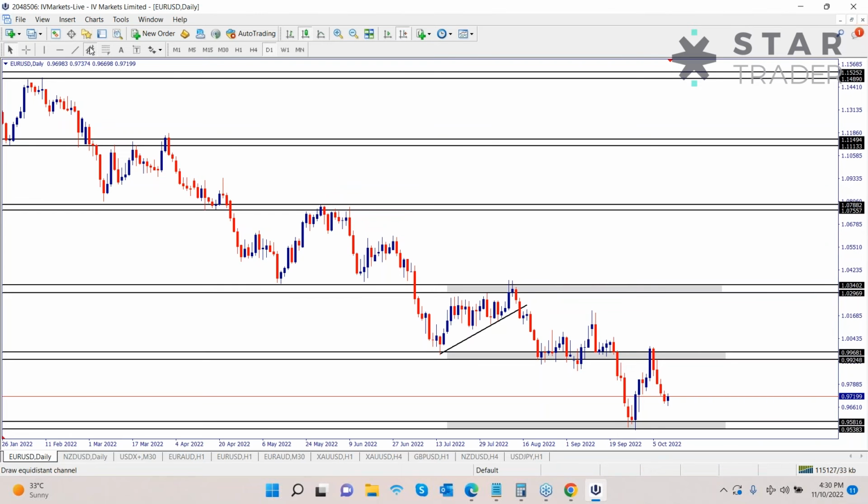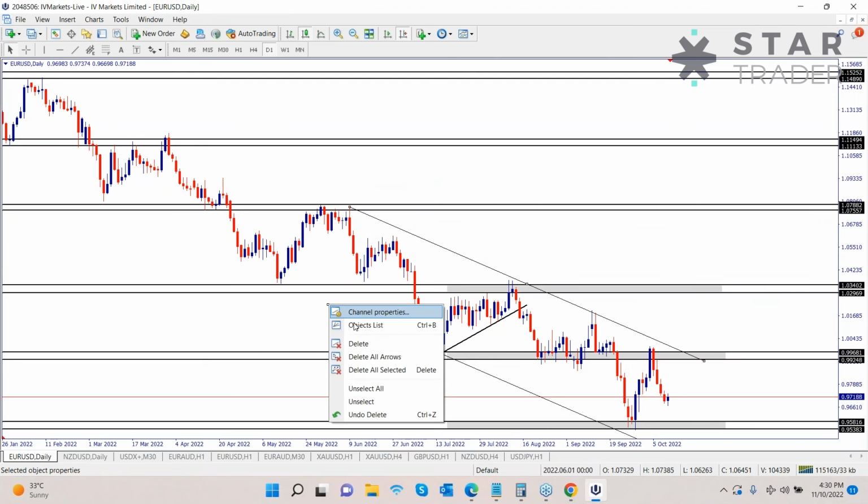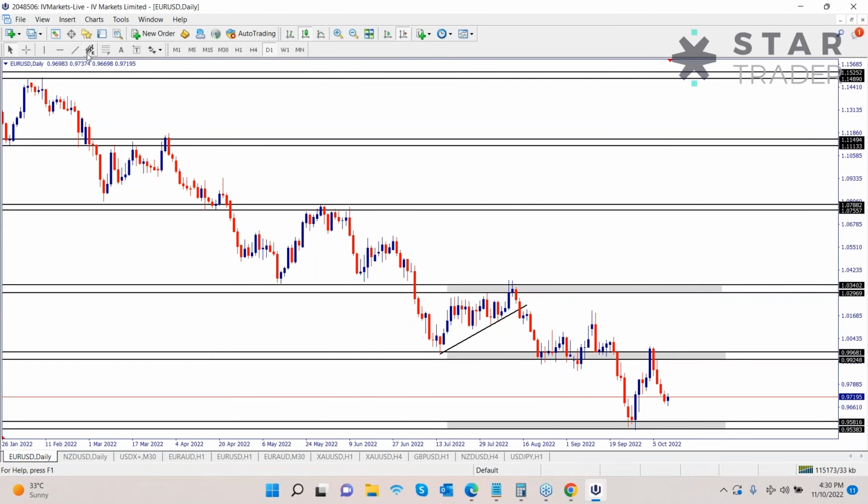You can draw the channel like this as well, and go and see the lower limits of the market. But in this case, the lower limit selection makes more sense to me, so I am applying the channel on the lower limit first and then the upper limit.